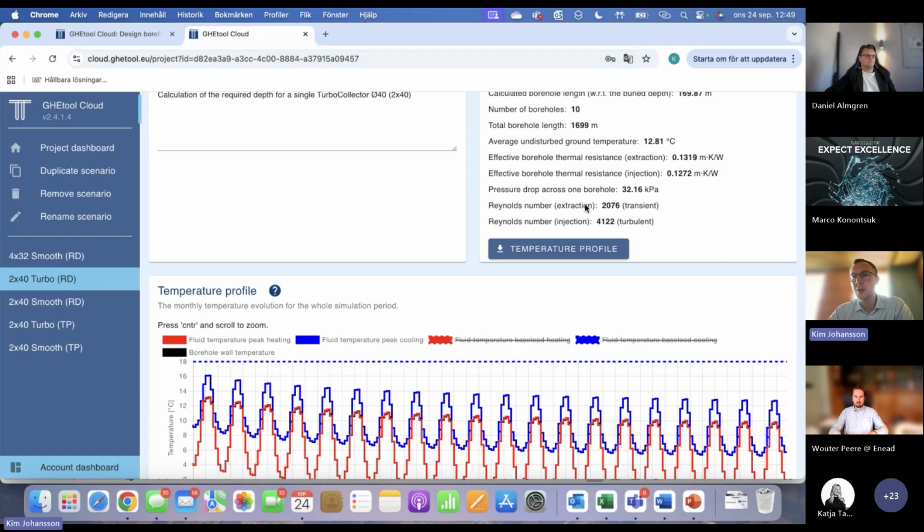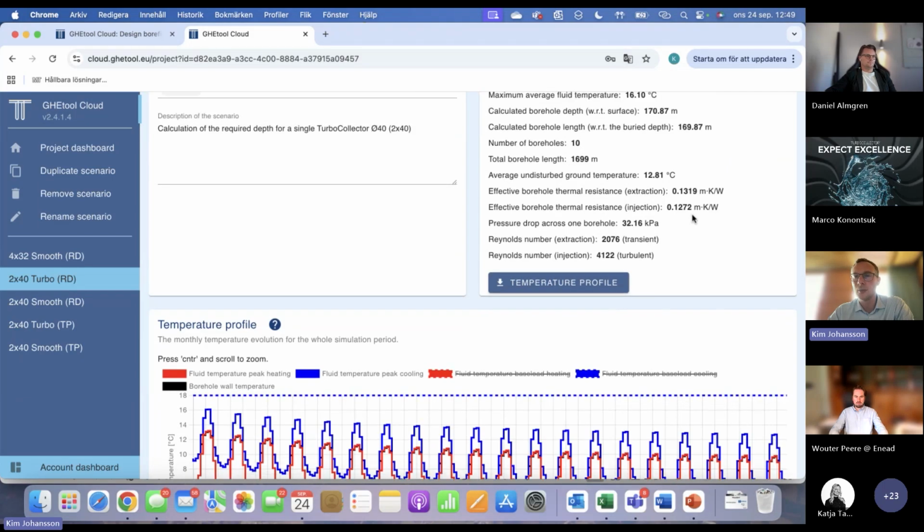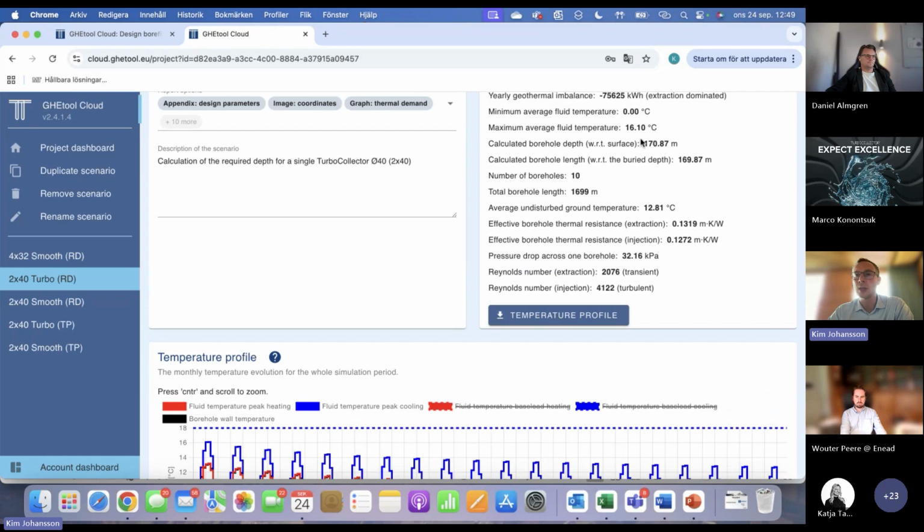But because we are using the TurboCollector with these internal fins, it becomes more turbulent, as it's described here as transient. And this gives us a much better heat transfer, which allows us to use less borehole meters.